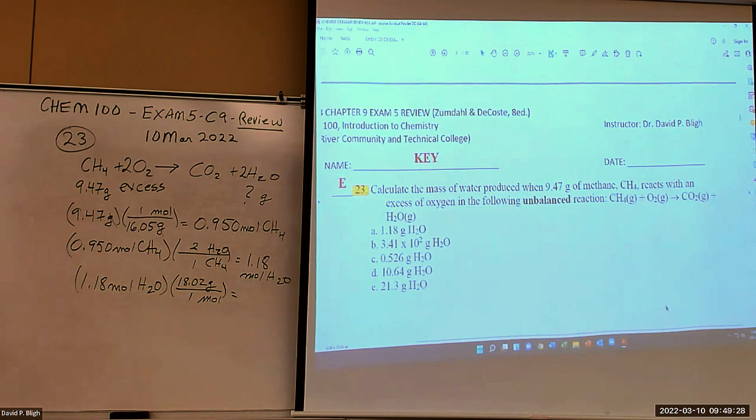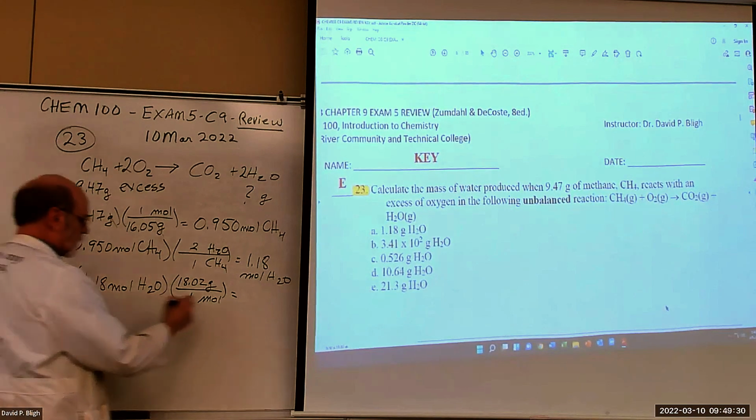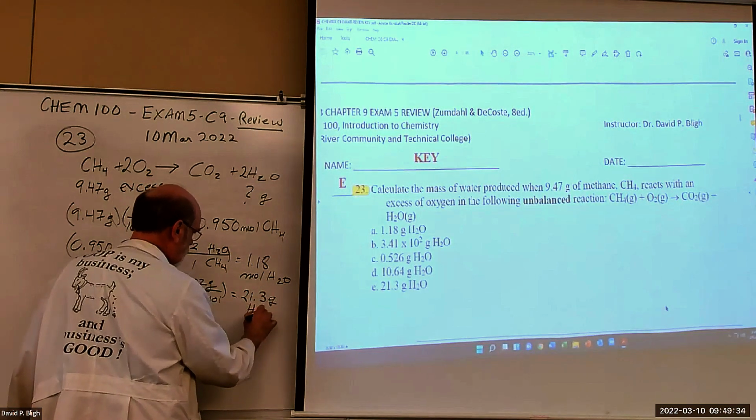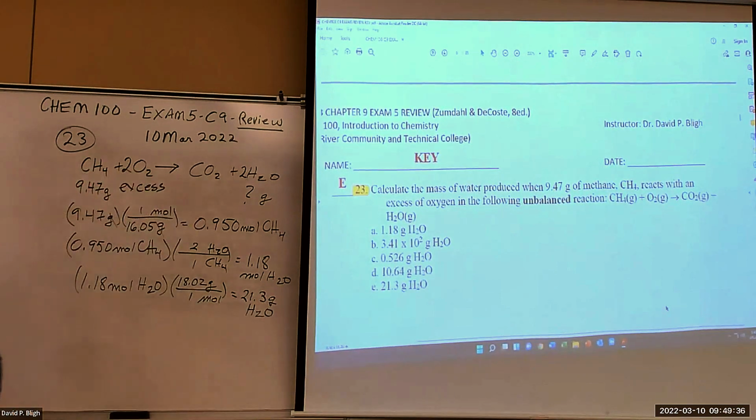And I get 21.3. Three significant figures. Grams of water. Is that what it was asking for? There it is, 21.3. Had me second guessing for a minute because one of them is scientific notation.